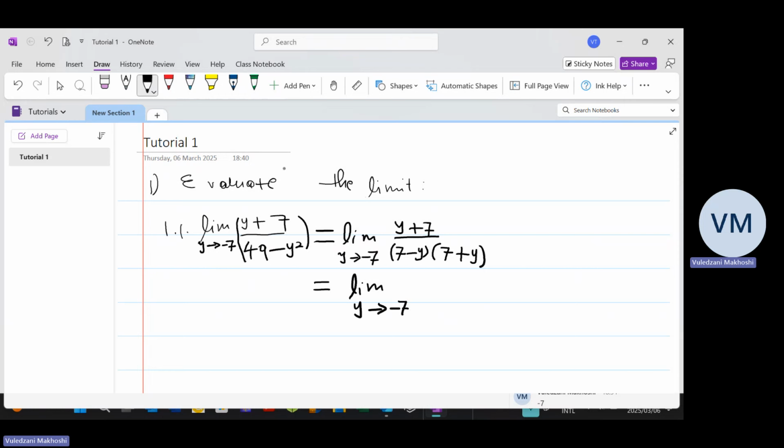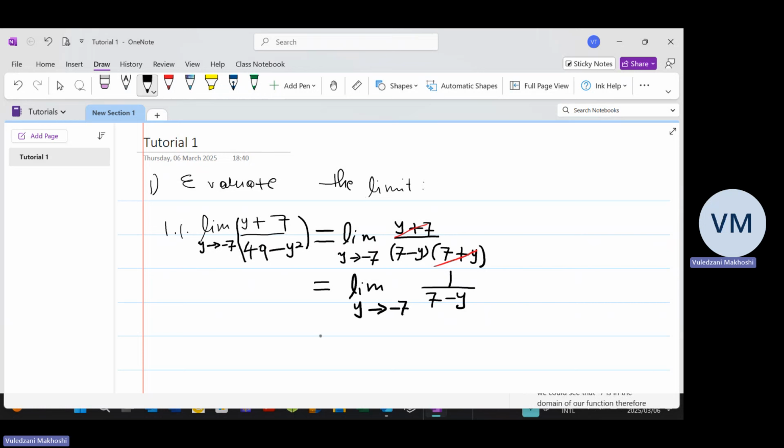And then you can see that this and that will cancel out. So we are left here with 1 over 7 minus y. Now, when we look at this new function that we have created, we could see that minus 7 is in the domain of our function.